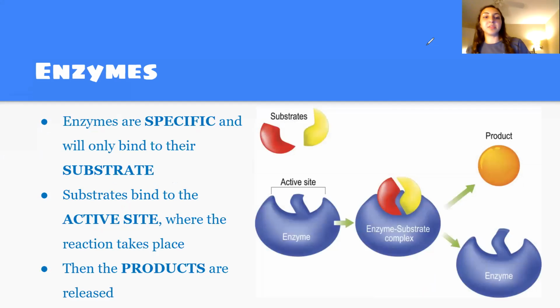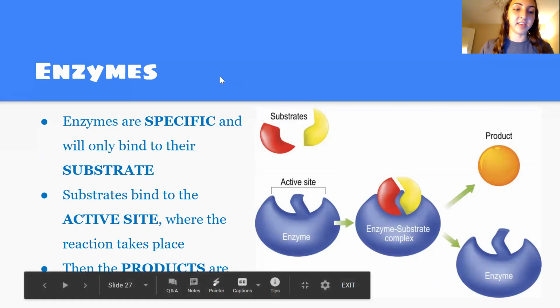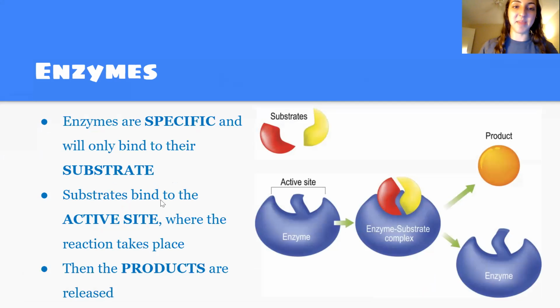Now, enzymes are very specific, and they only bind to what we call a substrate. And a substrate will bind to an enzyme. I'm so sorry, that may be confusing to some. I just realized these words are said backwards.